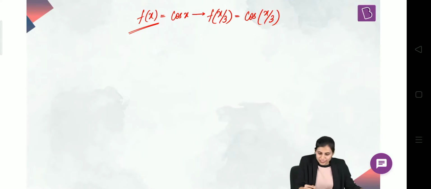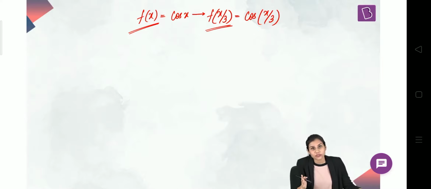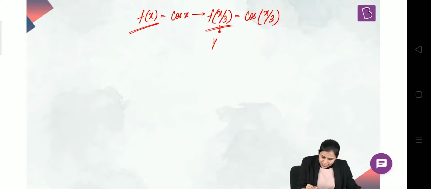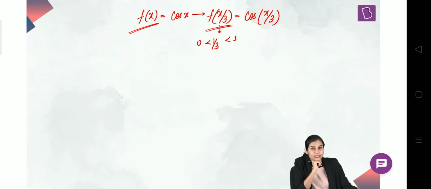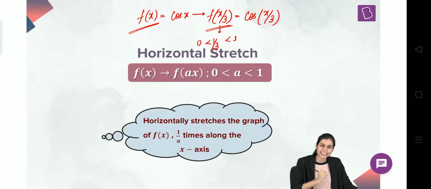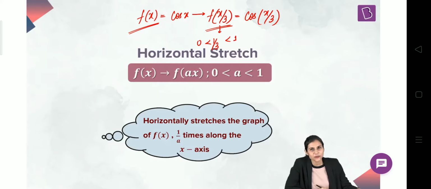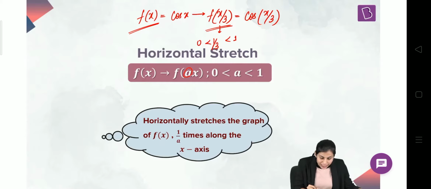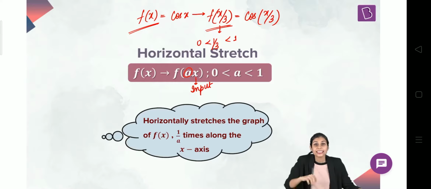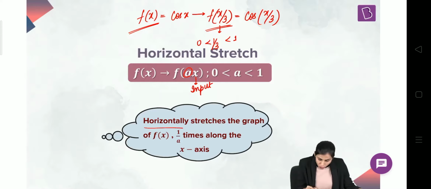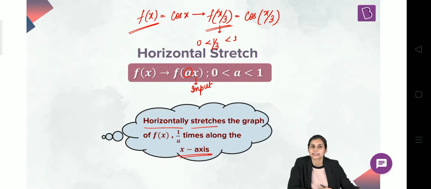I want to sketch the graph of f of x by 3, where 1 by 3 is a fraction between 0 and 1. Can you recall something? Well, obviously, this is the case of horizontal stretch transformation. What does it say? It says when a fractional value is multiplied by the input of a function, it is equivalent to horizontally stretching the graph of that function f of x a times along the x-axis.